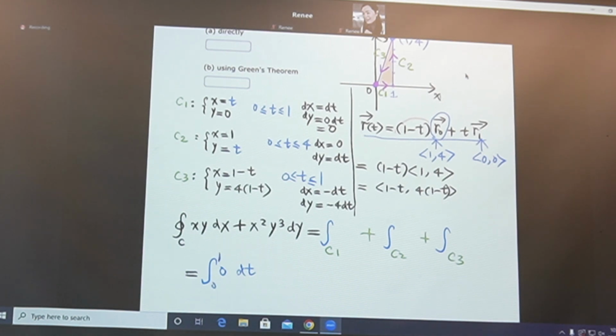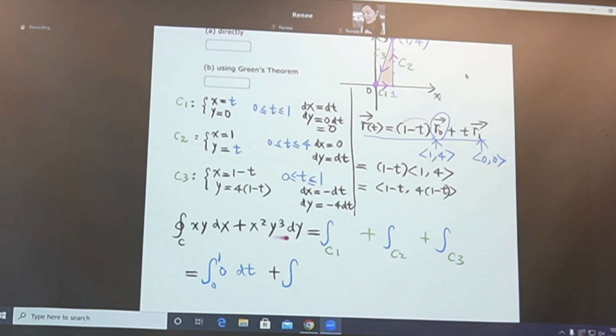And then plus the second one. The second one over here, integrate over c2. So x times y will be t, but then it's going to be dx. But what happened to dx? dx is 0, so that part will become 0. What about this part?